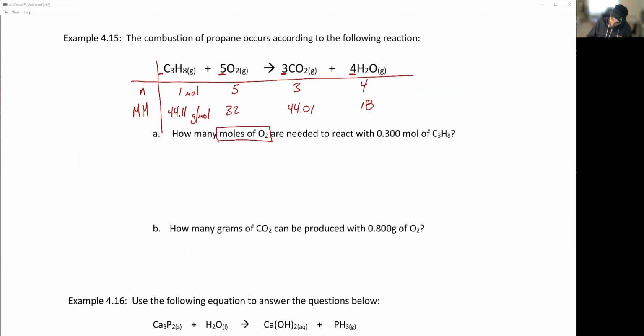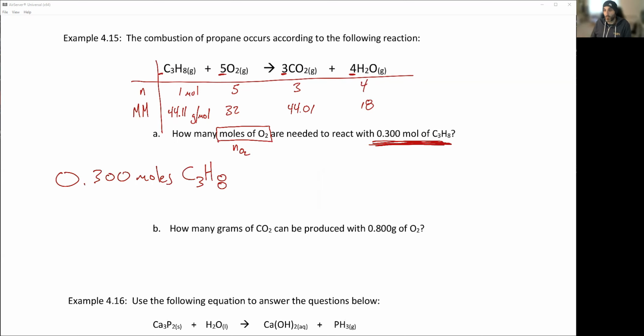That's what I'm curious about. Moles of O2 are needed to react with my original number, so that's what I'm going to start with. Let's start with 0.300 moles of C3H8.